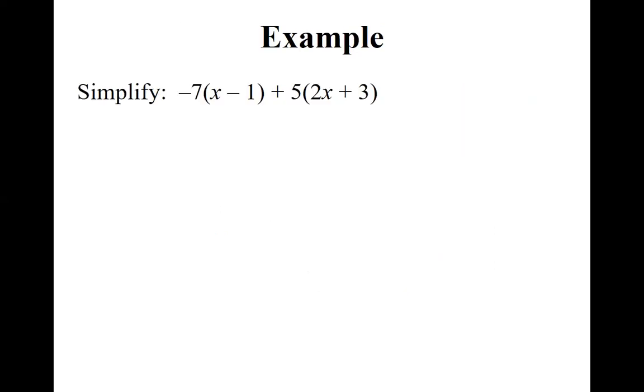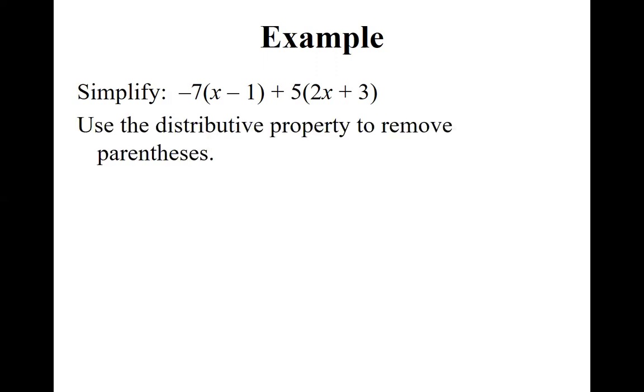Next up, negative 7 times the quantity x minus 1, plus 5 times the quantity 2x plus 3. First step, use the distributive property to remove the parentheses. We multiply. We take what we have and we distribute the negative 7 to the x and to the negative 1.